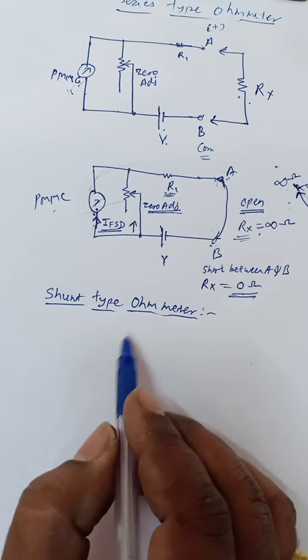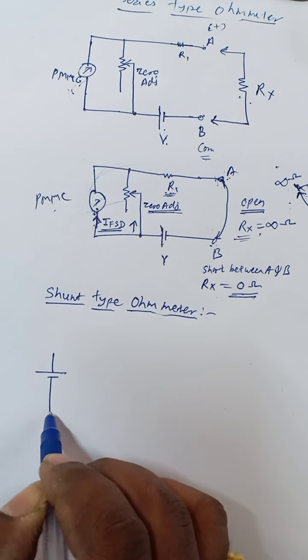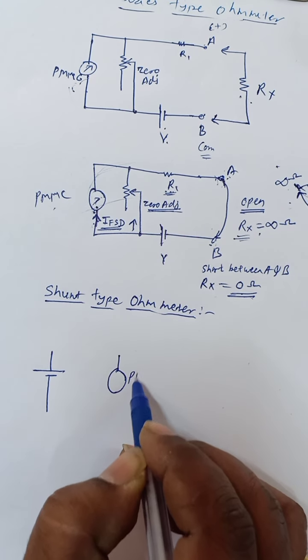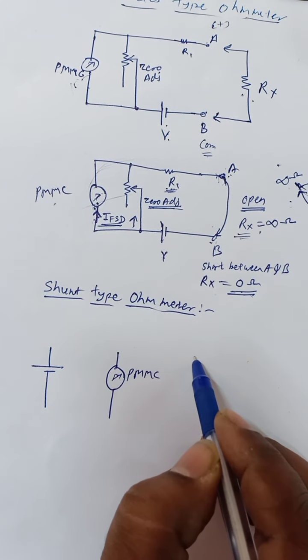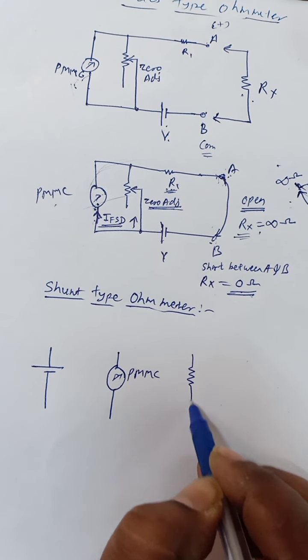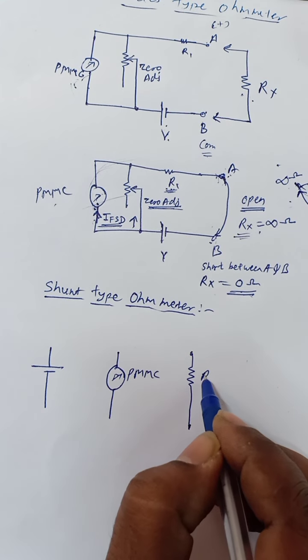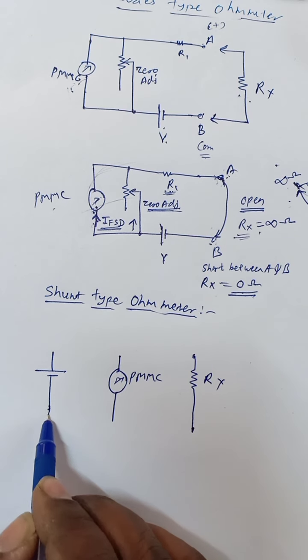So here in this case, the internal voltage source, this PMMC, and the unknown resistor that we are going to measure are connected in parallel.